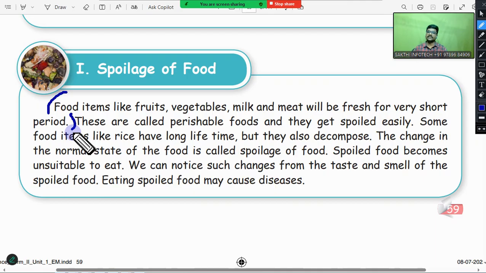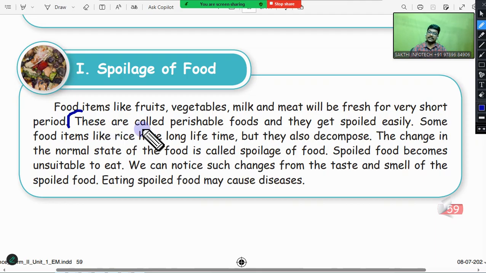All of you read two times. Next sentence.